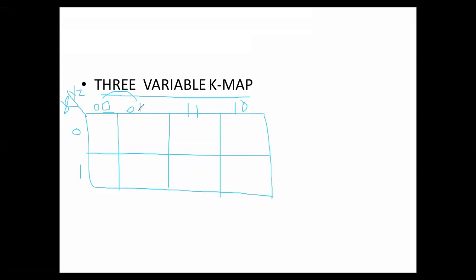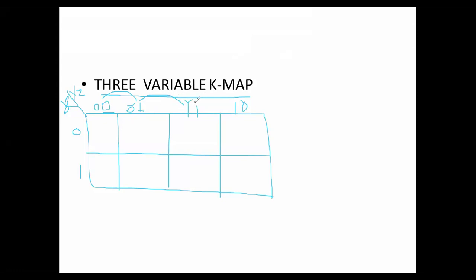Now take these two combinations, 0, 1, 1, 1. How many bits are changed here? 1 is common, so this 0 is changed to 1. Are you understanding? Only one bit is changed here.